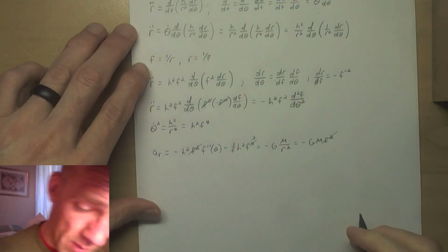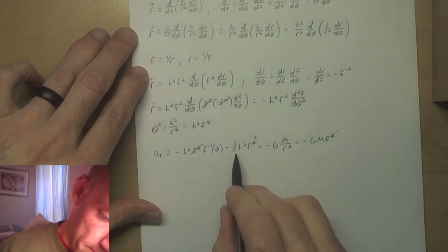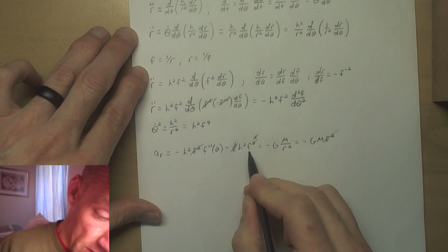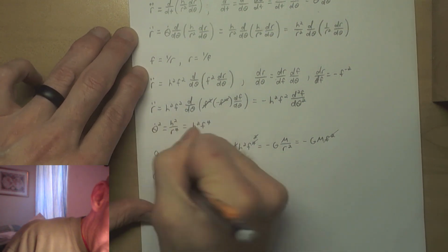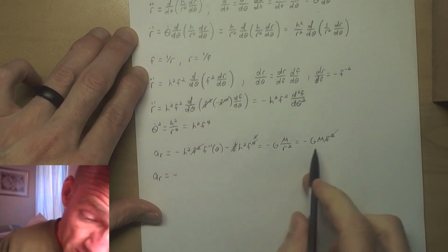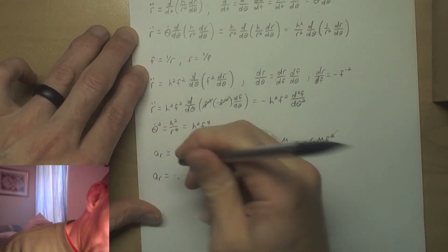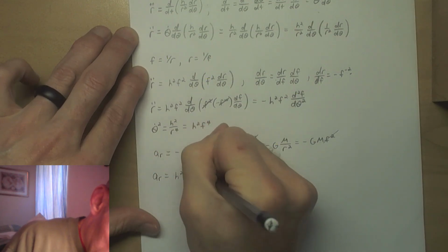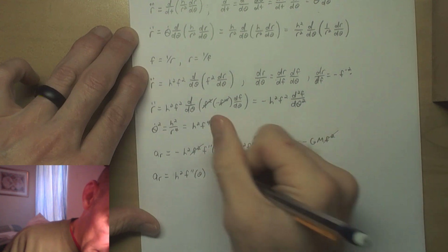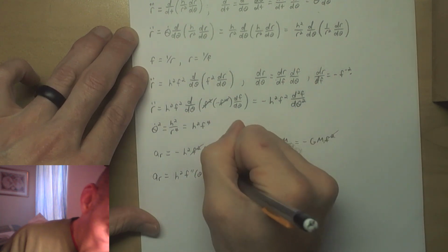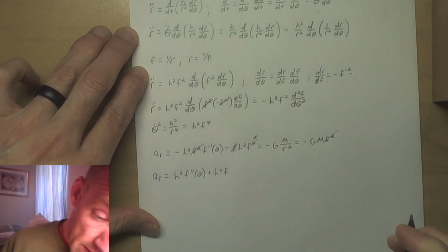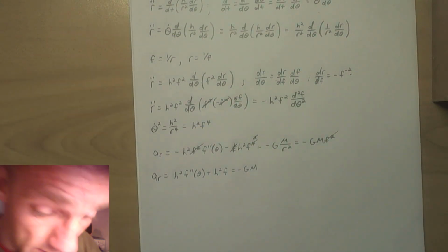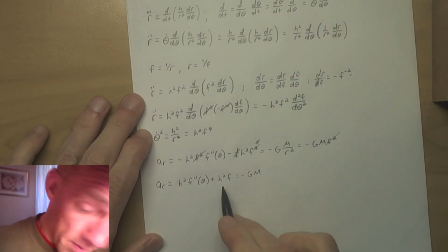All these cancellations were probably a little bit confusing. So this cancels with this, and I'm just left with an f here. So I'm going to rewrite this AR, and everything's negative, so we can drop the negative signs. Okay, I can divide through by h squared.